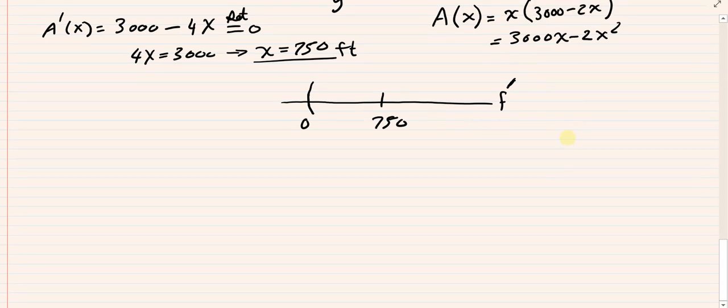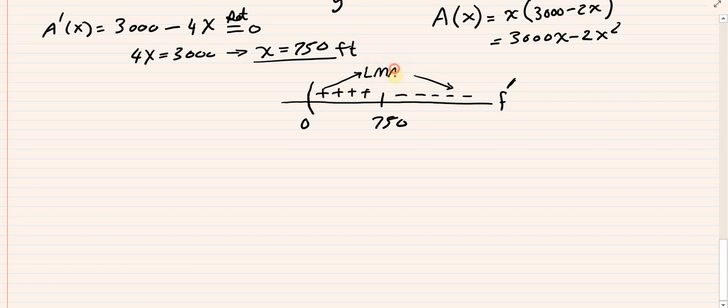So we're going to pick a test point, a small number, and plug into the derivative function. So for example, let x be 5. 3,000 minus 20 is positive. And beyond 750, choose 800. 3,000 minus 800 times 4 makes it negative. So the function increases, then the function decreases.